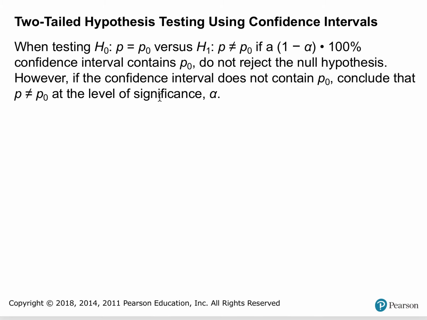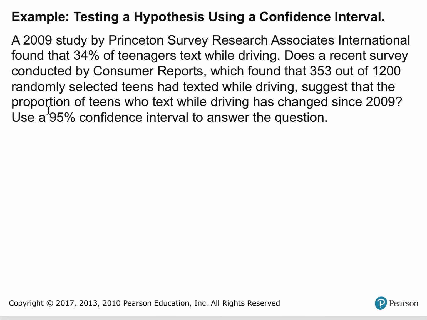However, if the confidence interval does not contain it, conclude that P does not equal P sub naught at that level of significance. Okay, so we've done a couple of examples of the classical approach and the p-value approach. Now we're going to look at confidence intervals. And we already know how to do confidence intervals. It's just how we are going to interpret them now for our hypothesis testing.